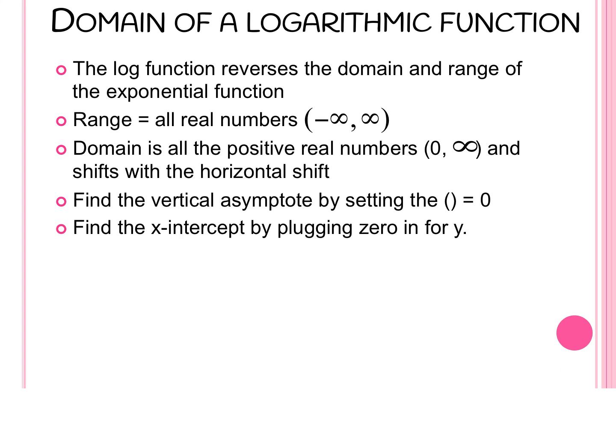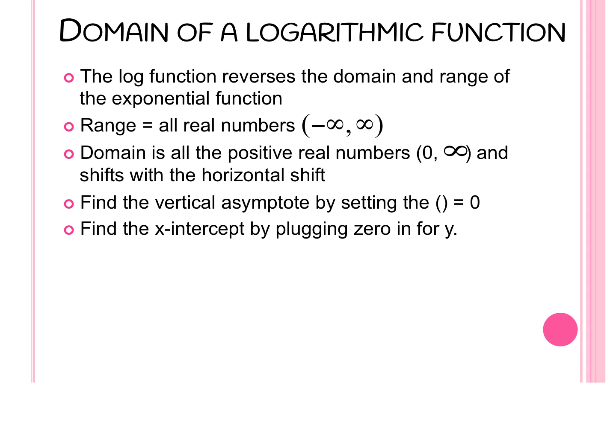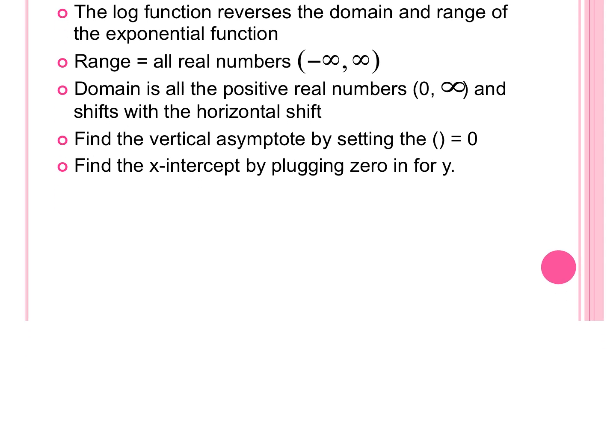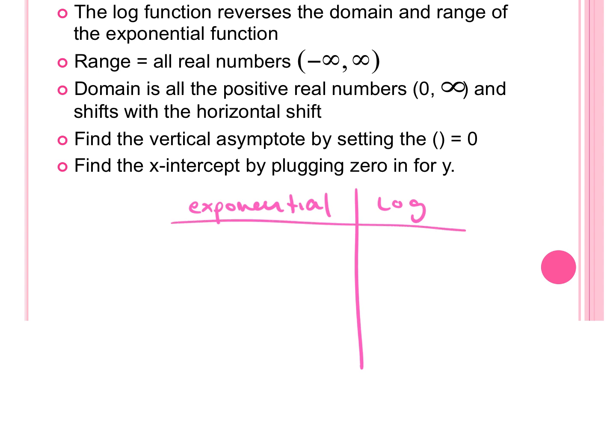So the domain of our log function kind of flips with what our domain of our exponential function would be. So if we're comparing the two functions, in our exponential function, our domain was always from negative infinity to positive infinity. Well, in our log function, the x's become y's and the y's become x.